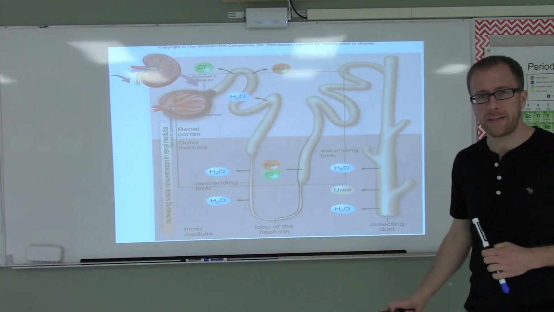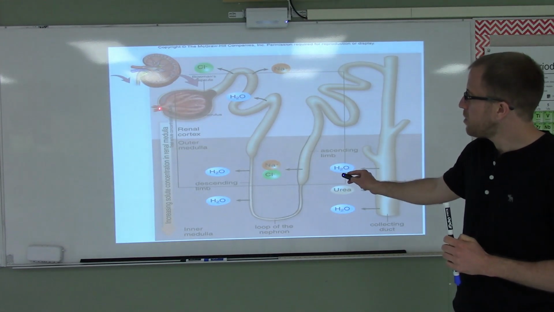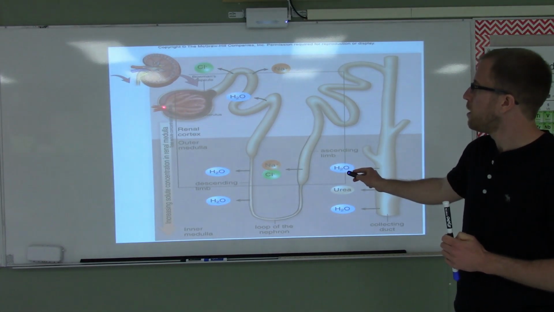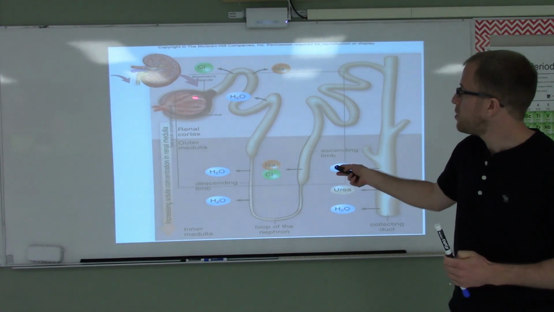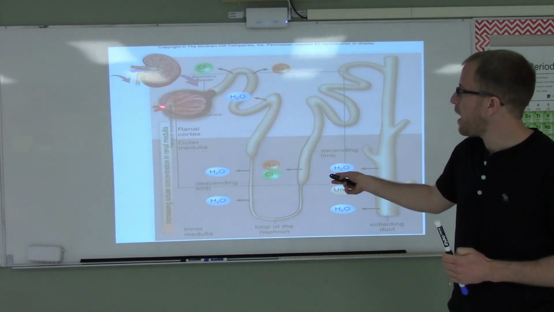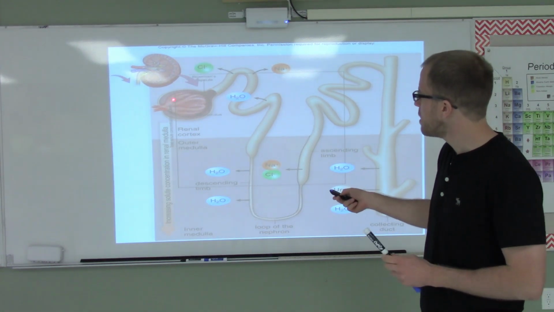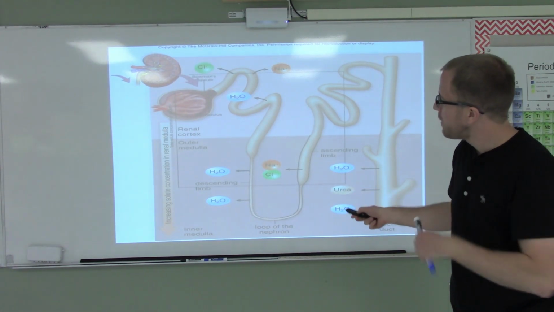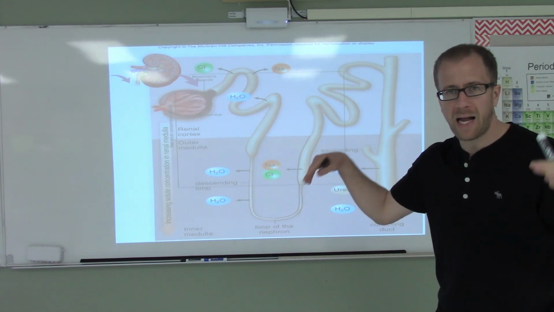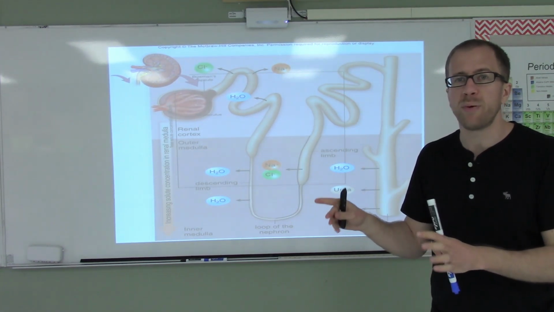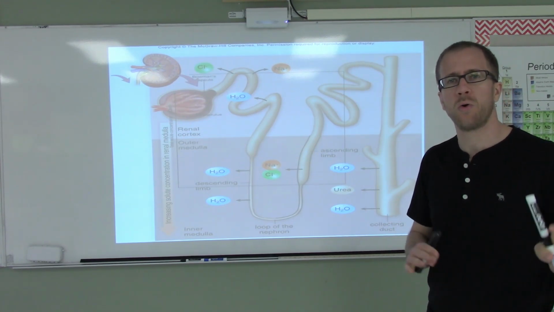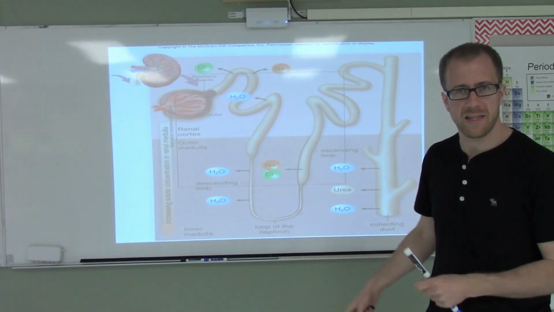So, brief recap. Blood enters the afferent arteriole, which is large, into the glomerulus, and the efferent arteriole is a little smaller, right? So it increases pressure in the glomerulus. Filtrate leaks out. This filtrate is indiscriminate, has lots of things in it, but it doesn't contain larger molecules or large proteins, cells, things like that.